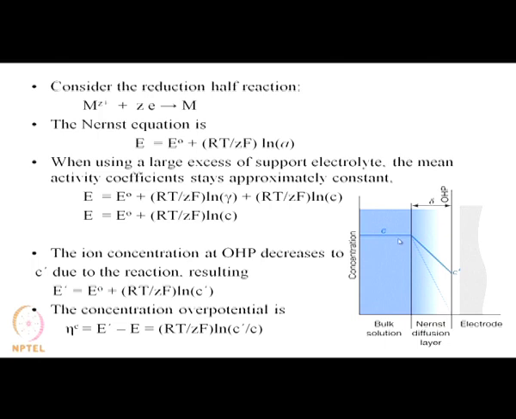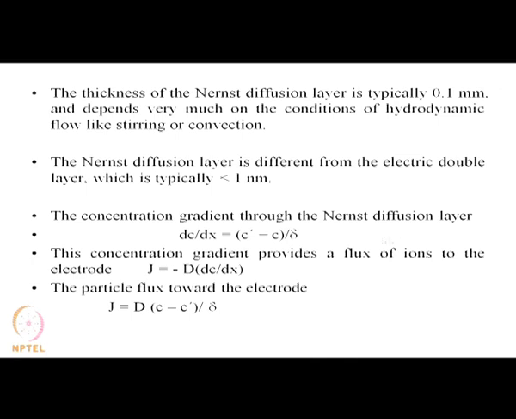Now, the concentration gradient through the Nernst diffusion layer, delta is the thickness. So, this dc/dx is the concentration gradient, which is nothing but the difference in concentration, that is bulk minus that at the electrode, divided by delta. This concentration gradient provides a flux of ions to the electrode, and J is proportional to this dc/dx, and of course, D is the diffusion coefficient.